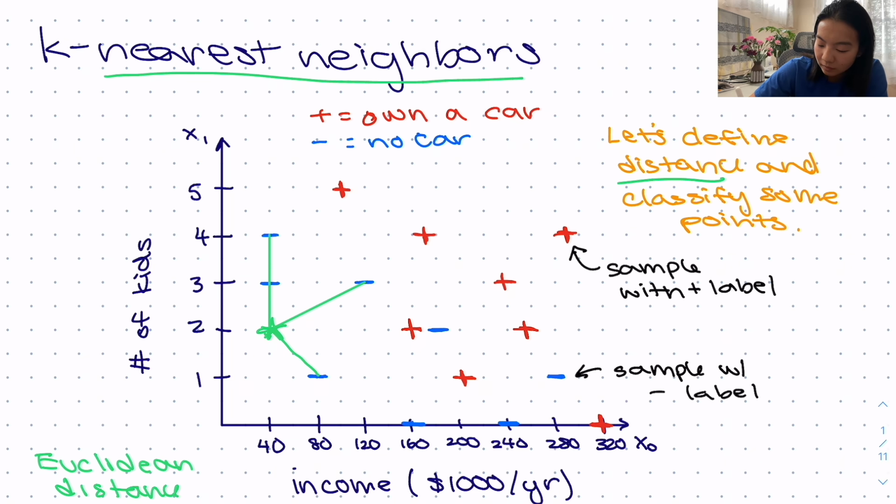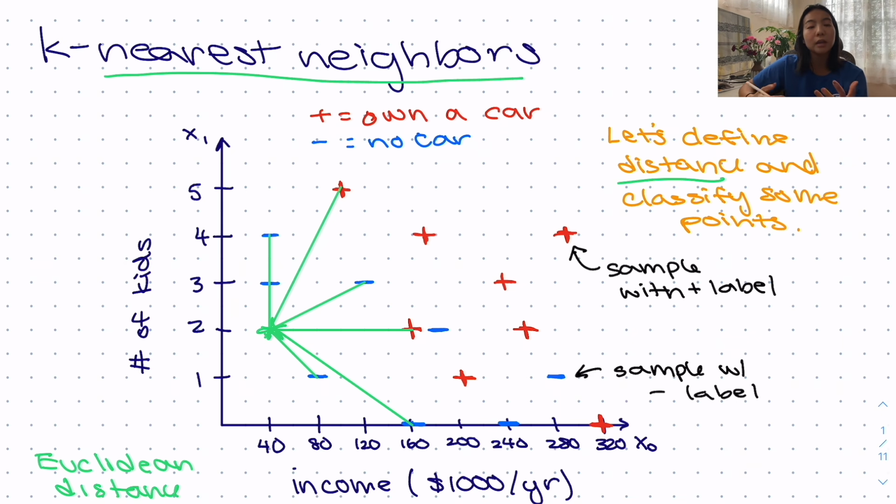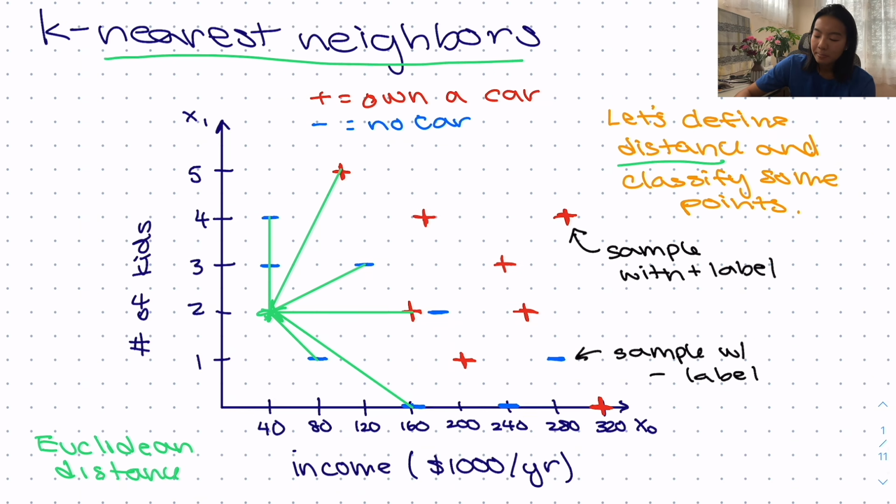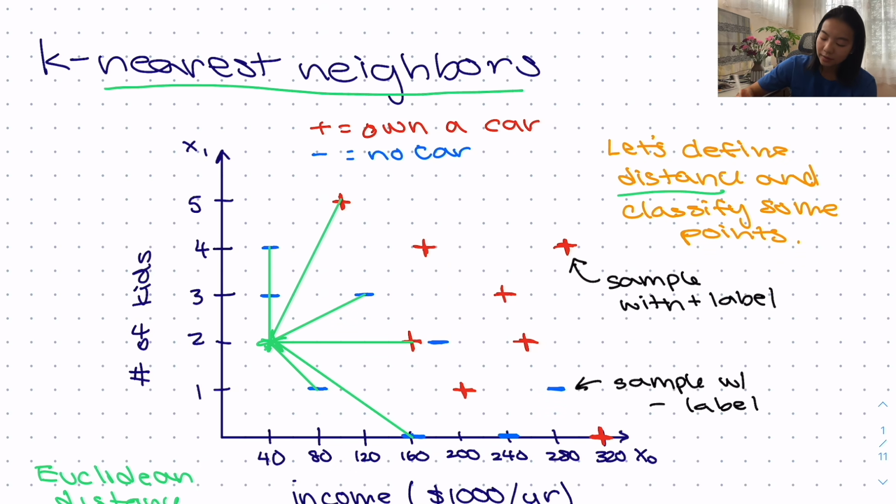So this would be the Euclidean distance. So the length of this green line that I just drew, that is what's known as Euclidean distance.